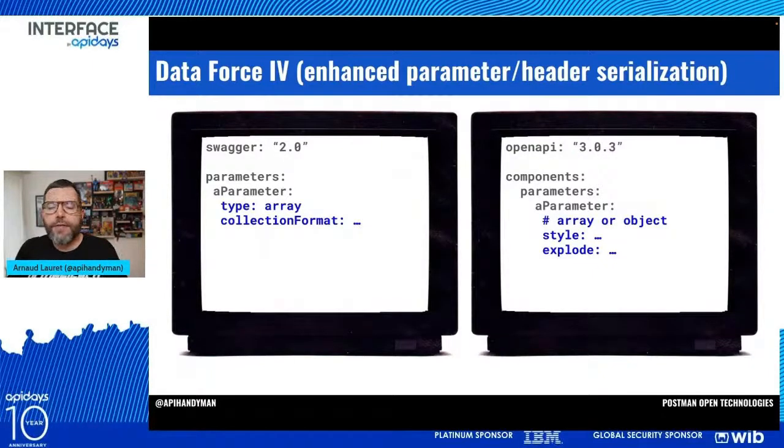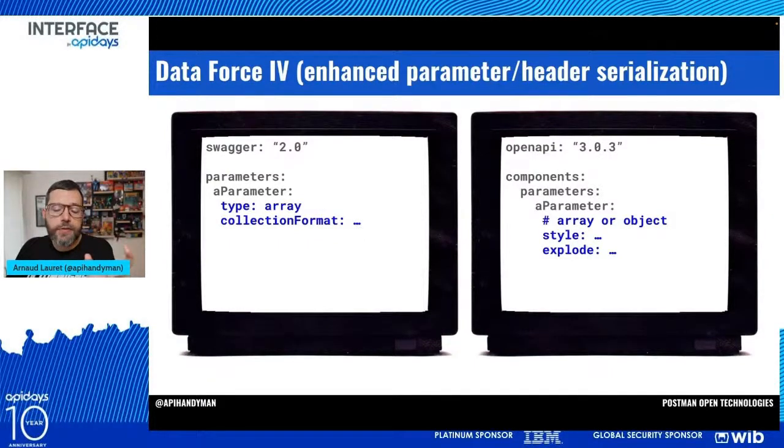Yet another improvement regarding data, you can now have a more, let's say, complete way of describing complex parameters or headers, especially the serialization. In Swagger 2, you could say, for instance, that a query parameter was an array.